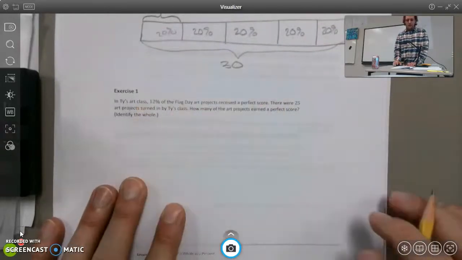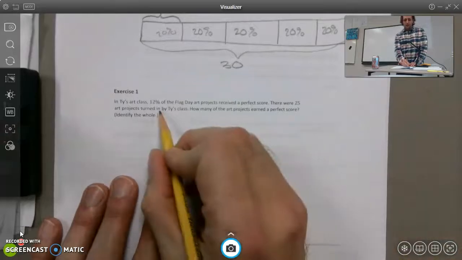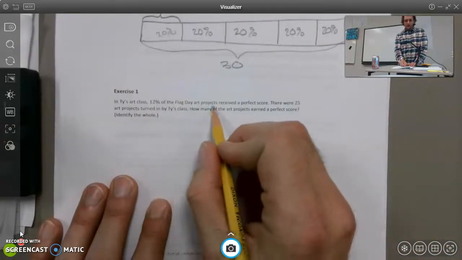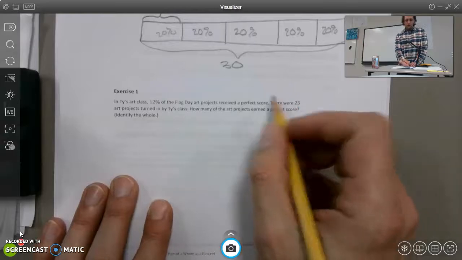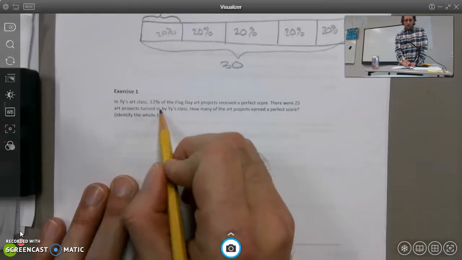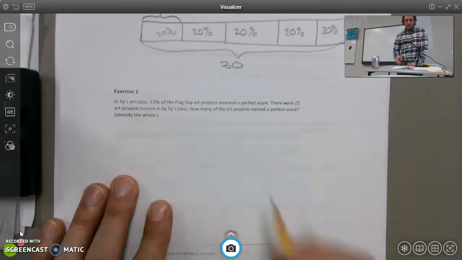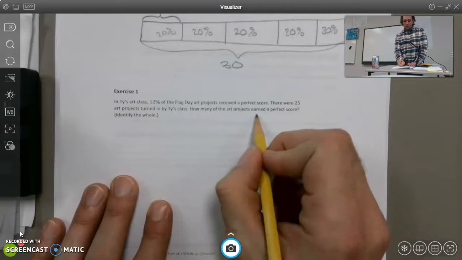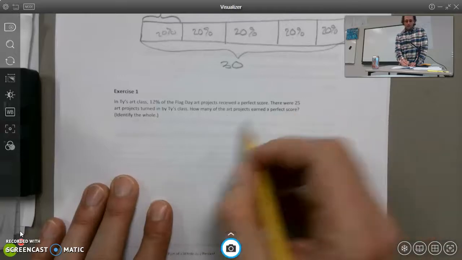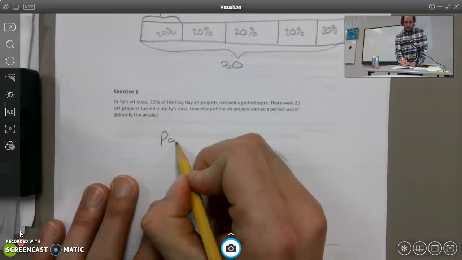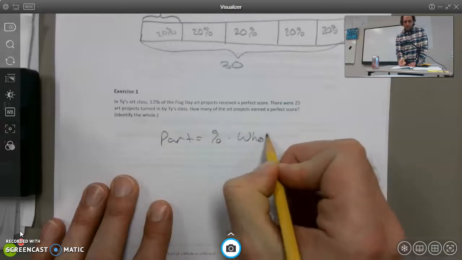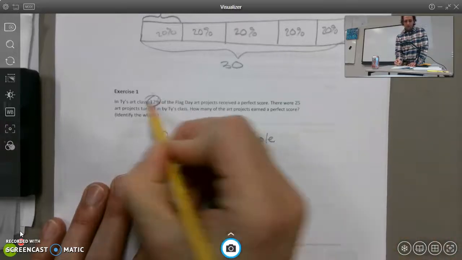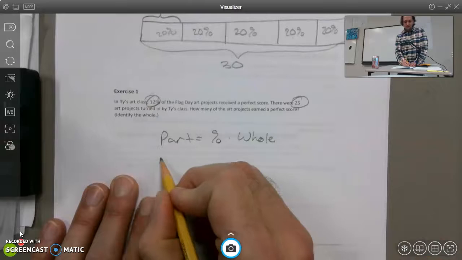Let's try another one. In Ty's art class, 12% of the Flag Day art projects received a perfect score. There were 25 art projects turned in by Ty's class. How many of the art projects had a perfect score? All right, part equals percent times whole. What are we provided with? Percent and whole.